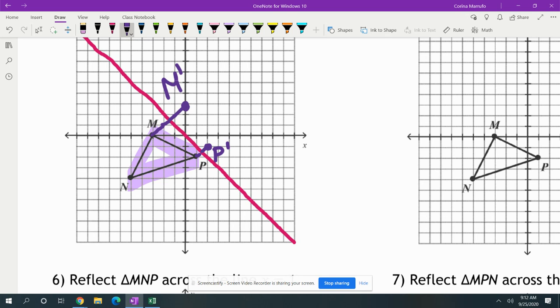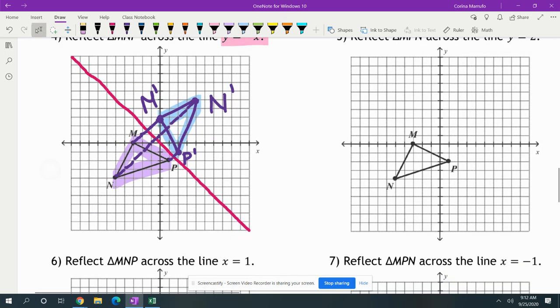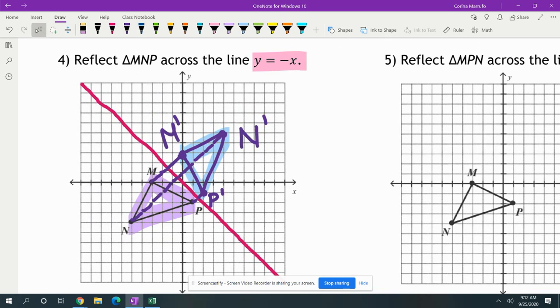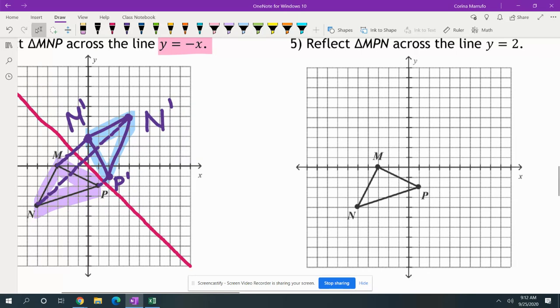And then for N, we're going to go 4.5: half, 1, 2, 3, and 4. And this is the new location, N prime. And so I'm going to connect those. This is my graph. Is that all it wants, just a graph? Yes, that's all it asks for, to reflect it across.